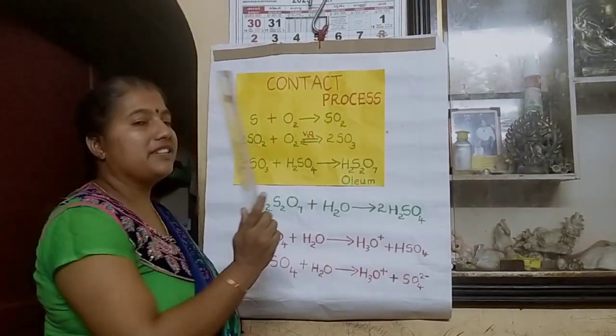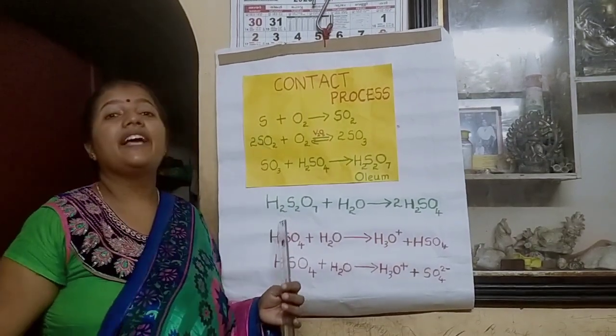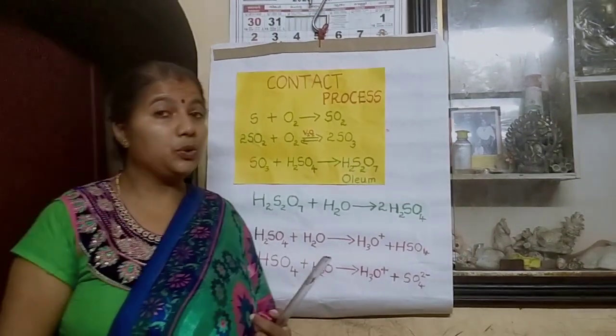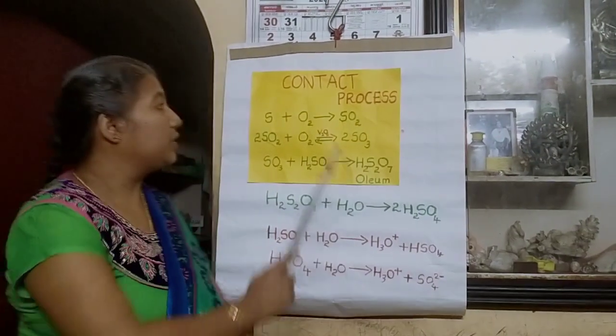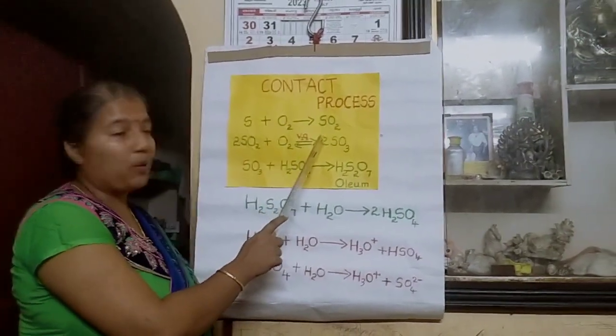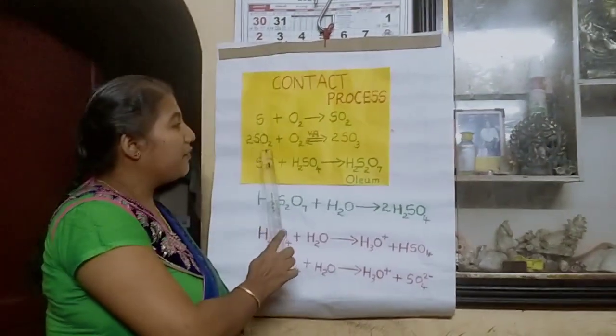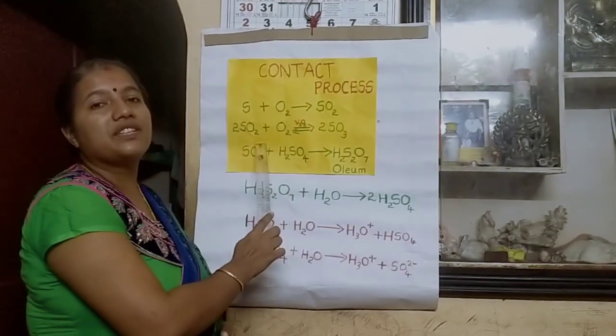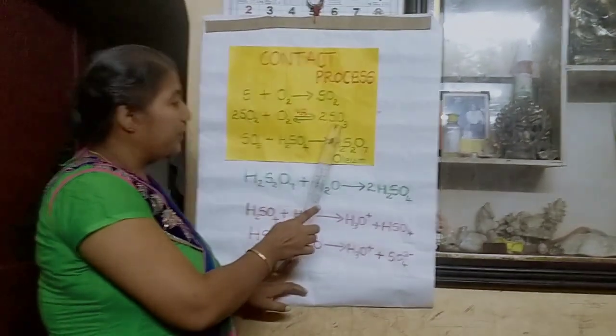Concluding this manufacturing process, let's go through it again. The first step is the preparation of SO2. How can we get SO2? Sulfur reacts with oxygen to form sulfur dioxide. The next step is the oxidation of sulfur dioxide to form sulfur trioxide.